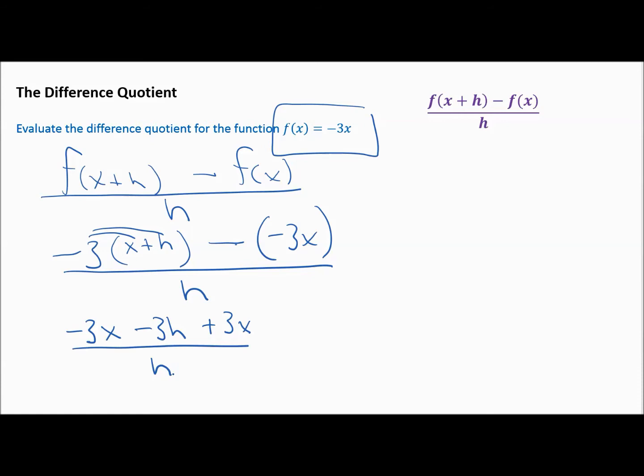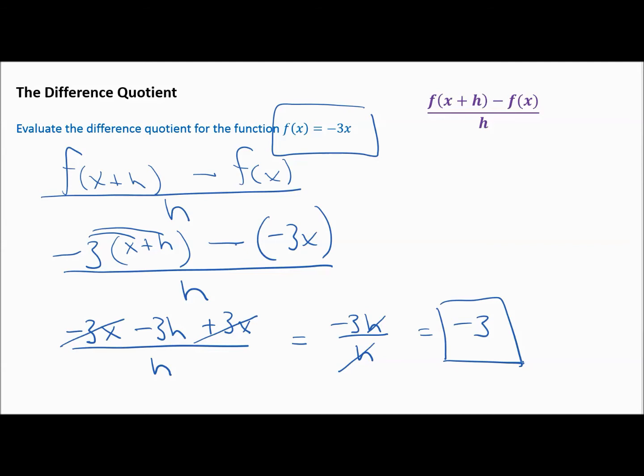What you'll notice is the negative 3x and the positive 3x cancel out, and you're left with negative 3h divided by h. Next, if you'll notice, the h's cancel out, which is negative 3 is our final answer. Okay. Now sometimes your answers are still an expression in terms of h, but often your answers simplify to just a whole number.